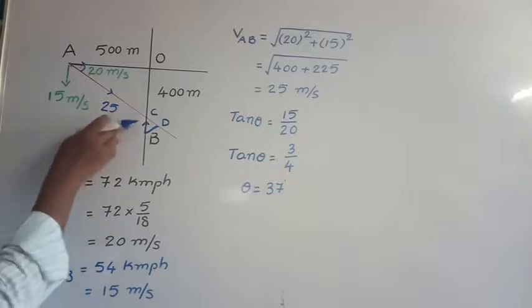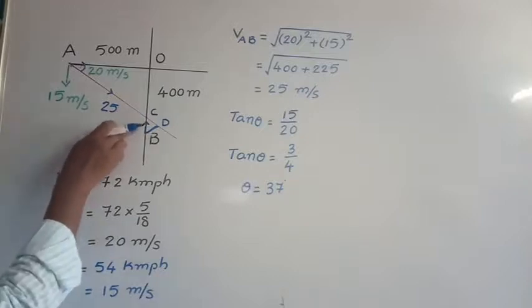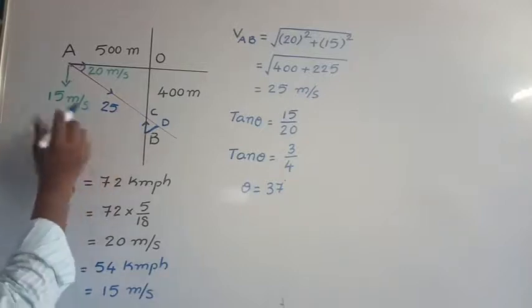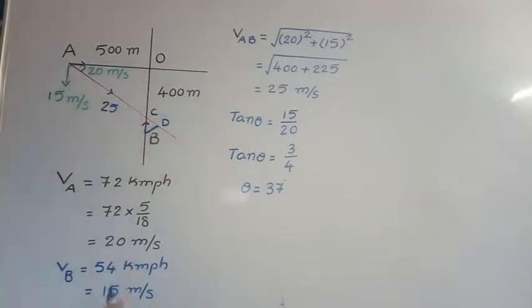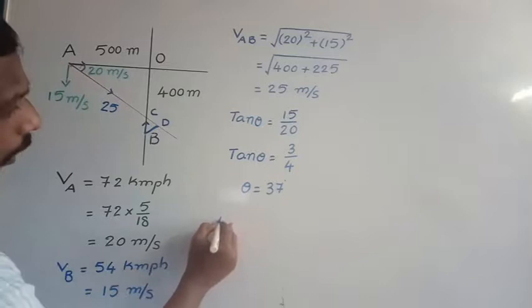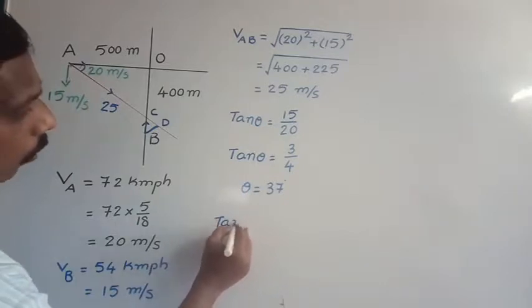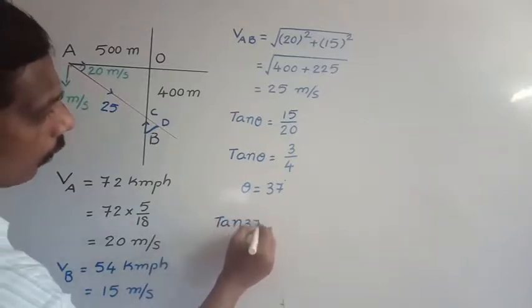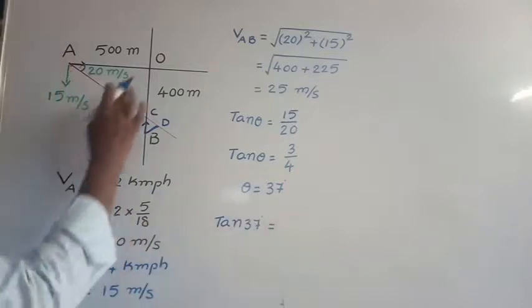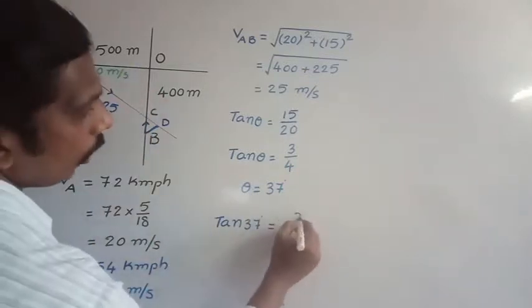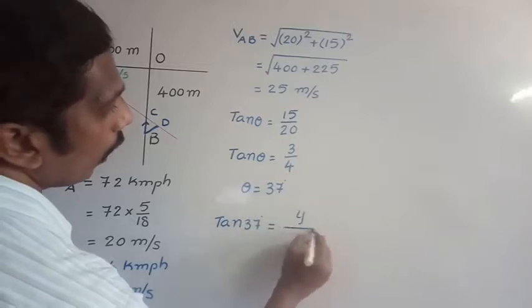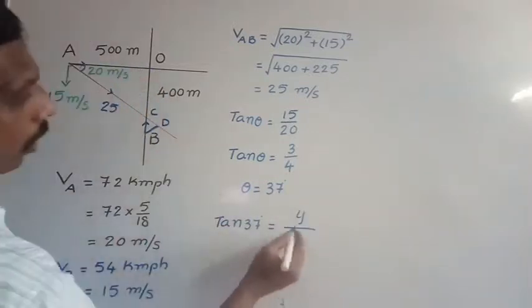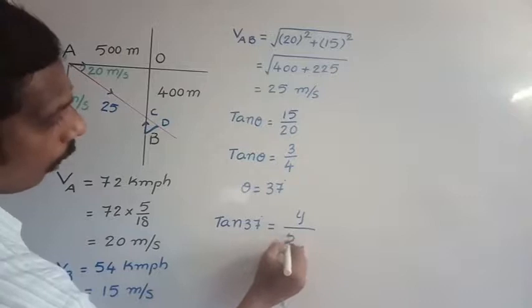Now, to find CB first, we need the angle and the OC value. From the same formula, tan 37 degrees is equal to the opposite side, taken as some y, divided by the adjacent side, which is equal to 500.